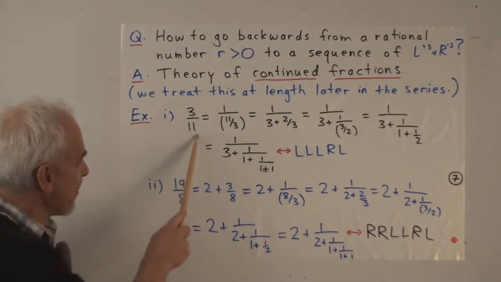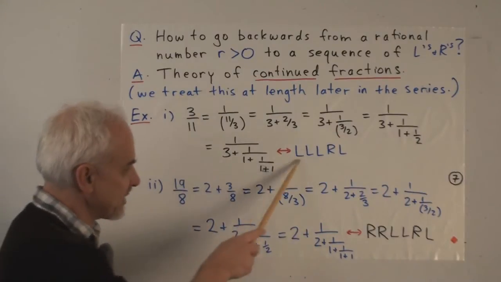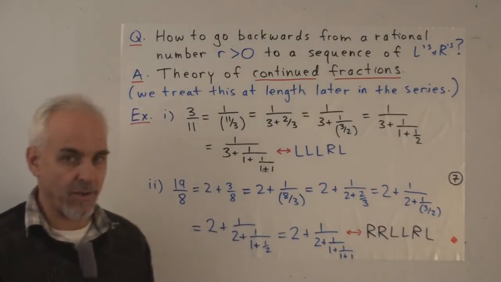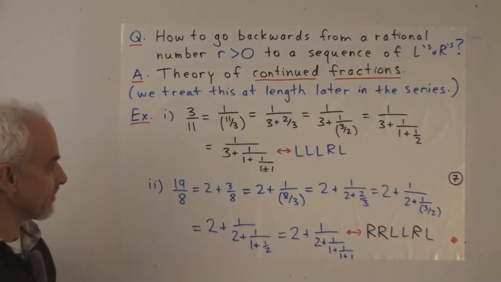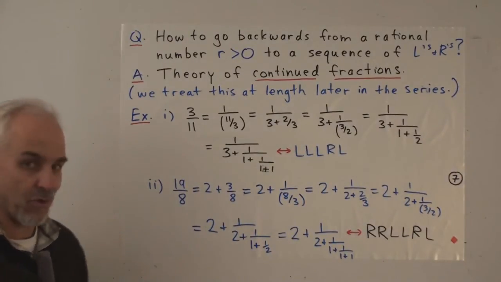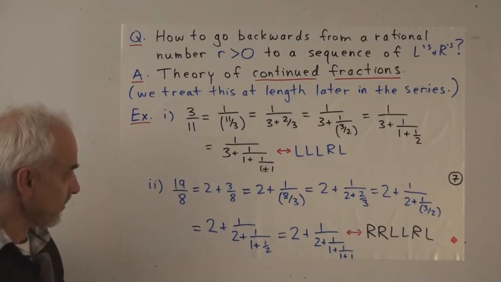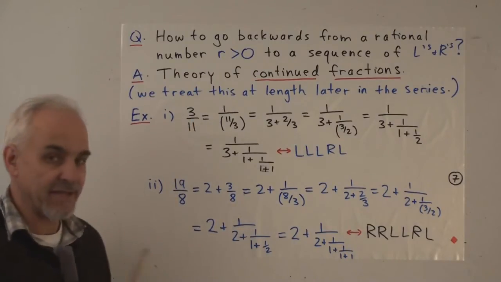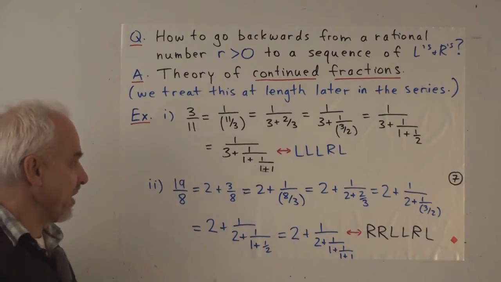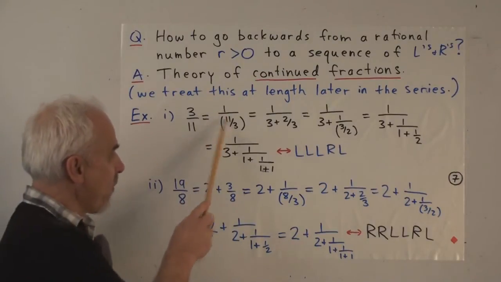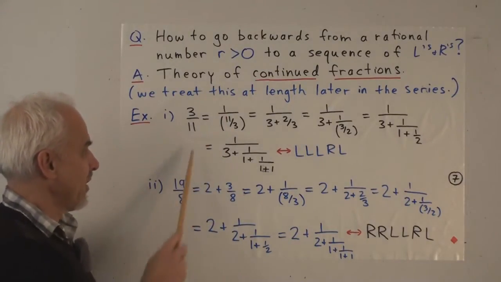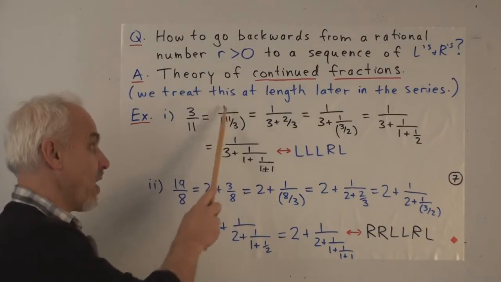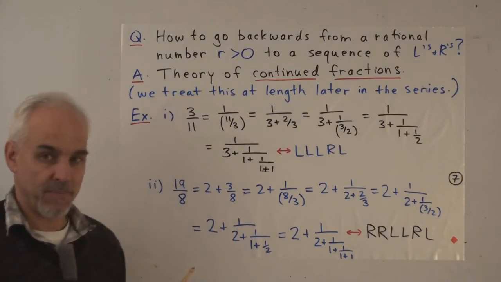So how would we go from 3 over 11 to this sequence LLLRL that we used in the last page? So here's the idea. Maybe it's a bit like magic if you've seen it only for the first time. 3 over 11 is less than 1. We would like to have something bigger than 1, so we're going to take its reciprocal. So 3 over 11 is the same as 1 over 11 over 3.